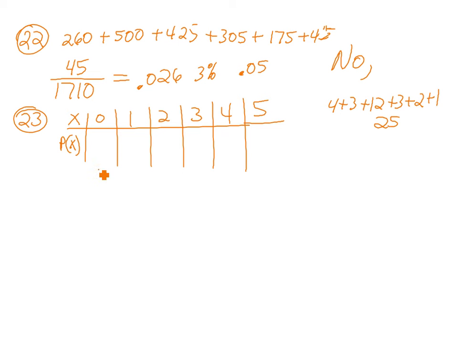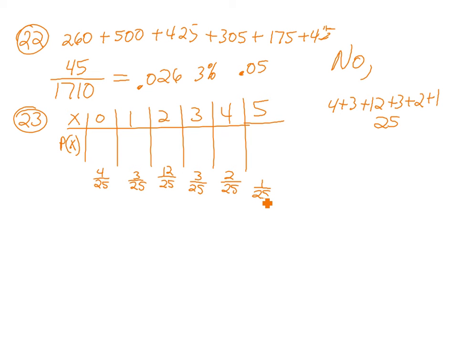So this is 4 out of 25, this is 3 out of 25, 12 out of 25, 3 out of 25, 2 out of 25, and 1 out of 25.